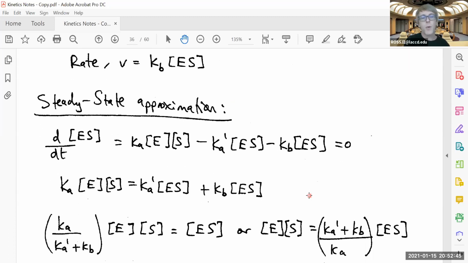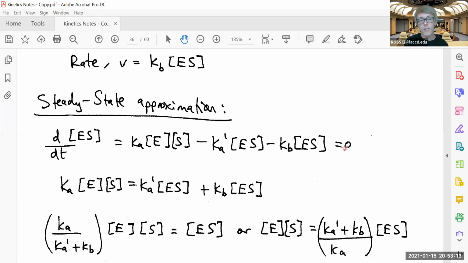Okay, steady state approximation. The rate of change of this loaded enzyme structure here is this term positive because we're forming ES, this negative term because we're consuming ES, and this final term is negative again because we're consuming ES. But the production of ES and the removal of ES is equal.